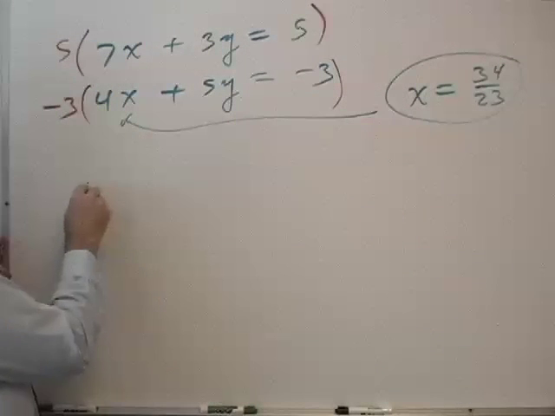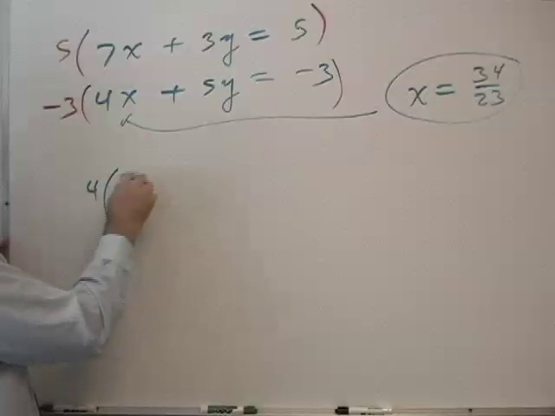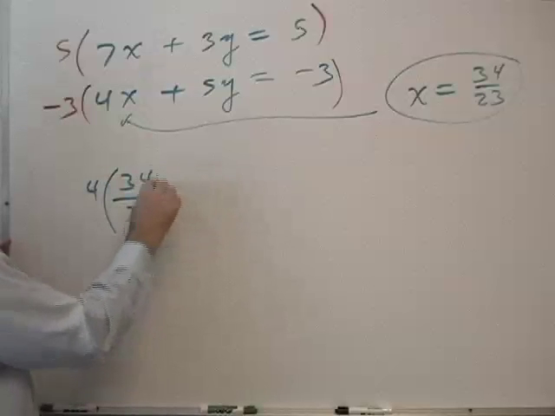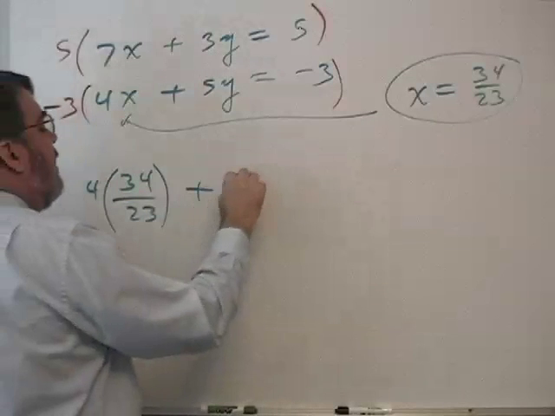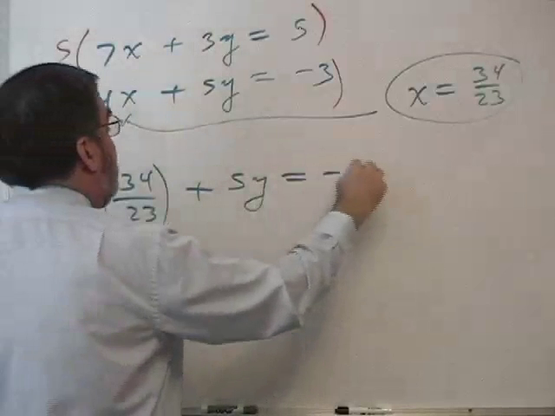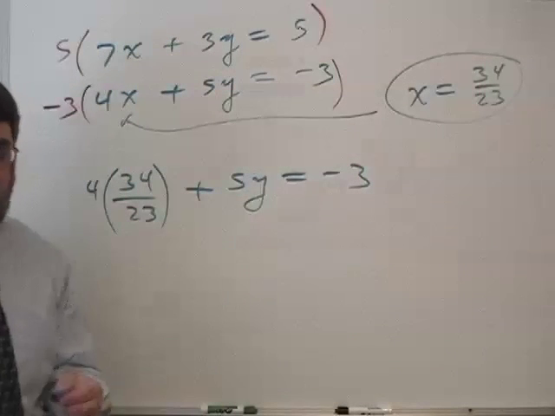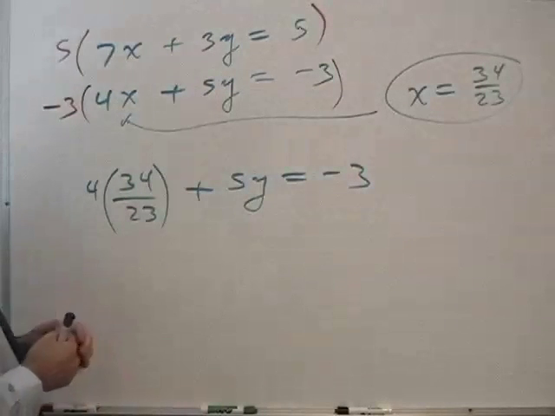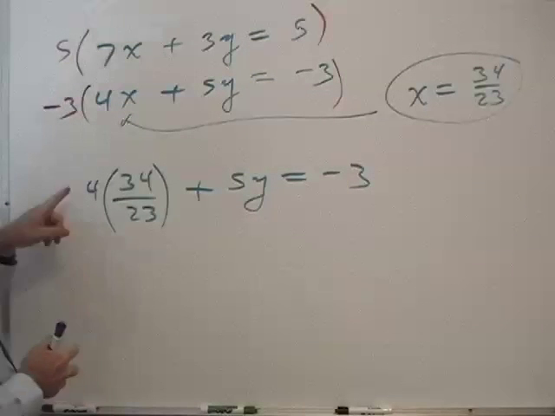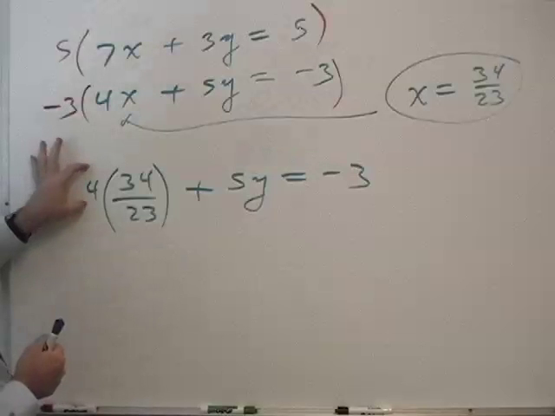And this gives me 4 times 34/23 plus 5y equals negative 3. And here we go again. We have fractions. Well, let's just dive in and do it. 4 times this fraction, 4 is the numerator.